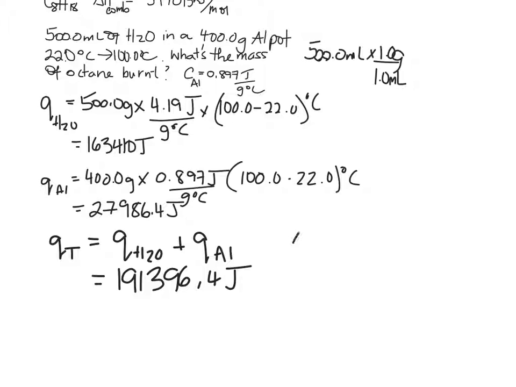All right, so delta H is equal to negative Q. So delta H is negative 191,396.4 joules. Because our molar enthalpy is already in kilojoules, let's divide this by 1,000 to get this into kilojoules.